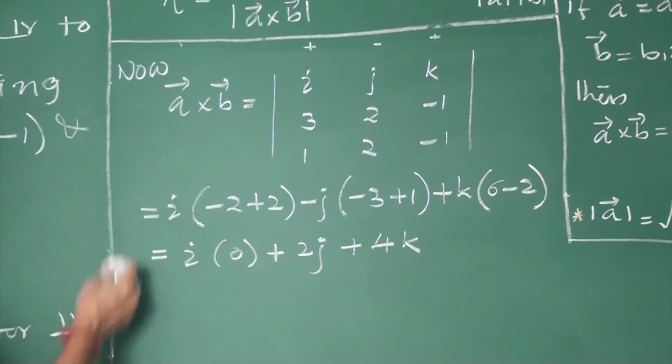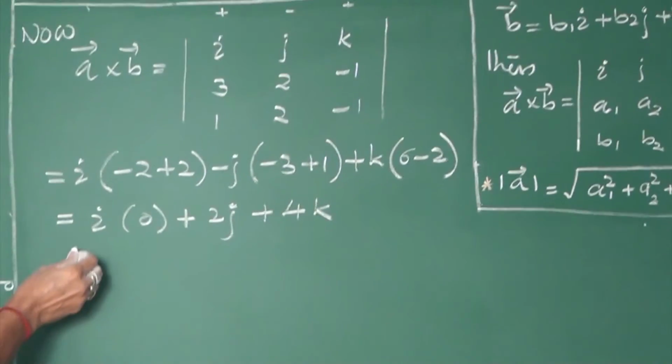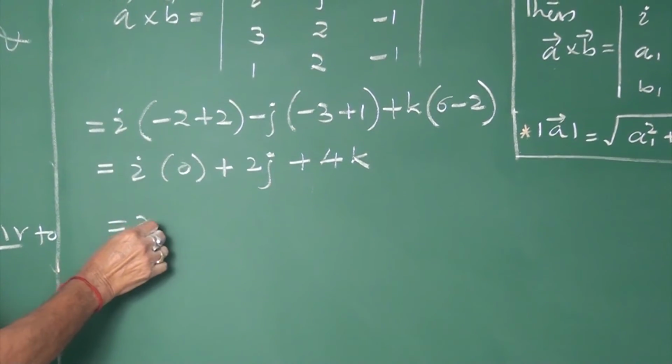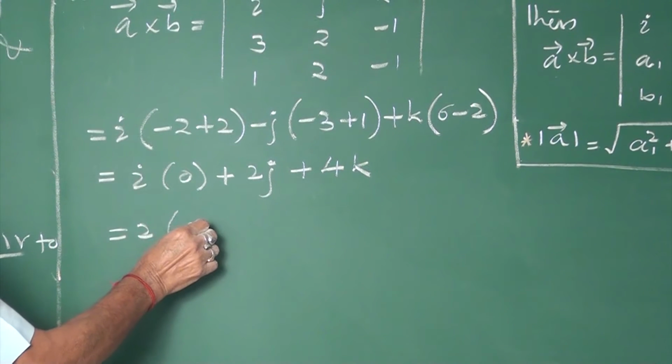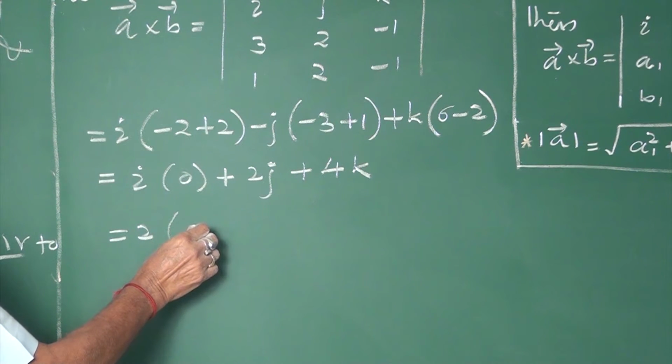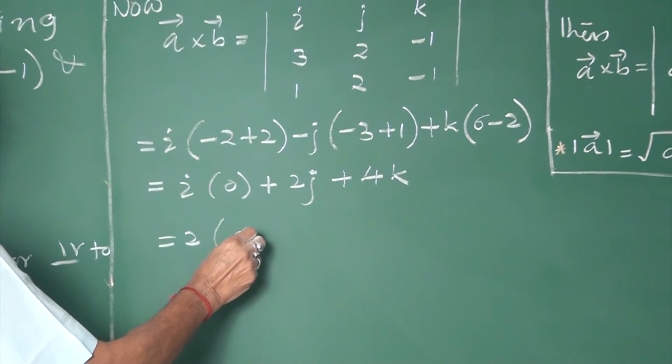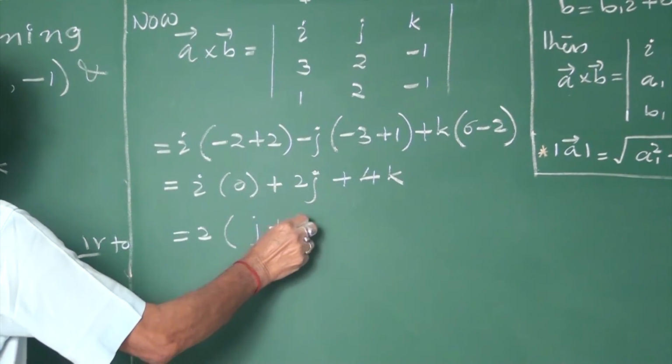Then you have to find its magnitude. This is nothing but, my friends, 2 is common: 2 into 0i plus 1j plus 2k.